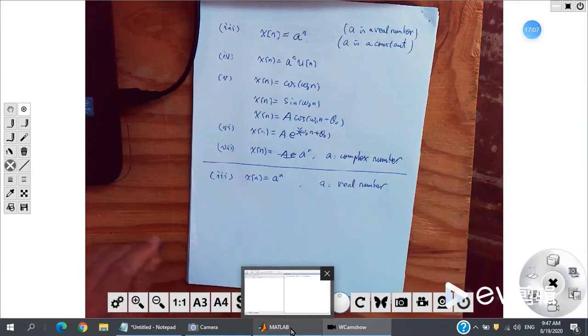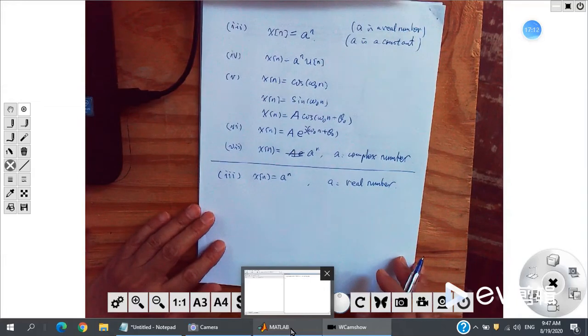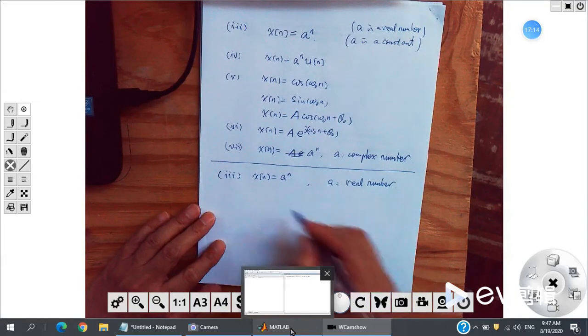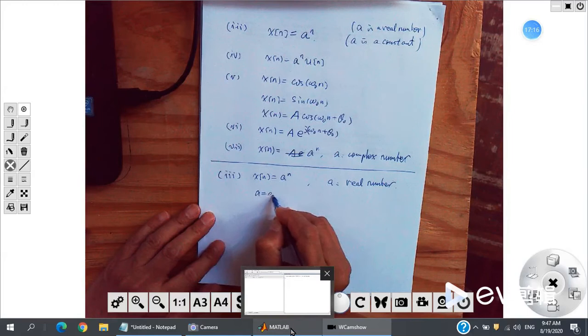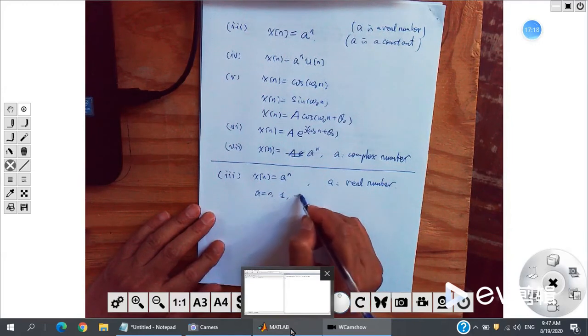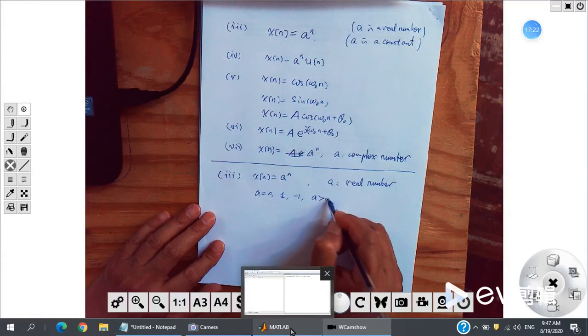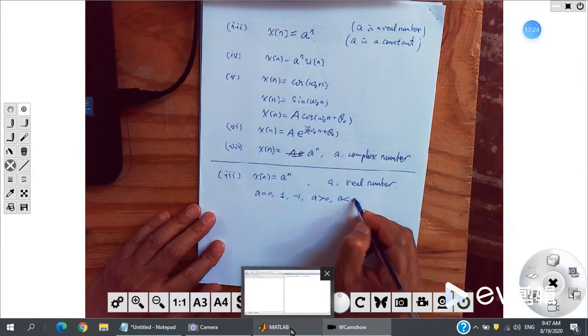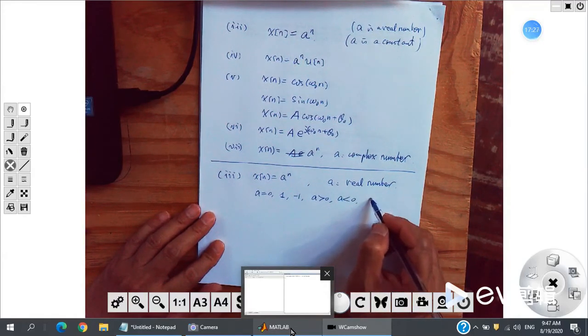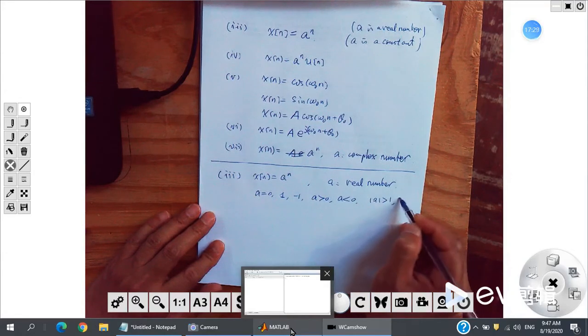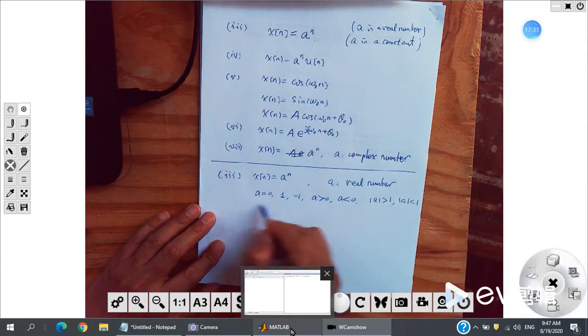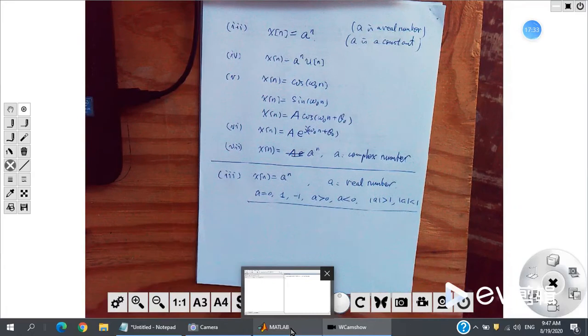Actually, we have several cases, and you can give more cases if you want. A equal to 0, equal to 1, equal to negative 1 are special values.